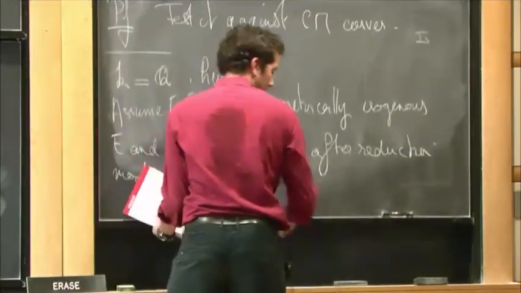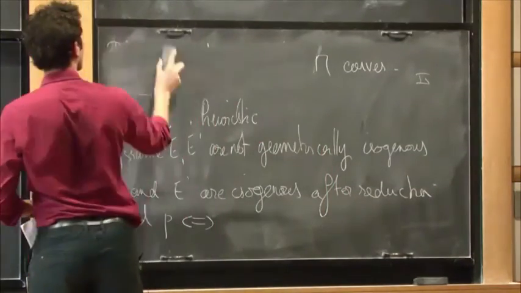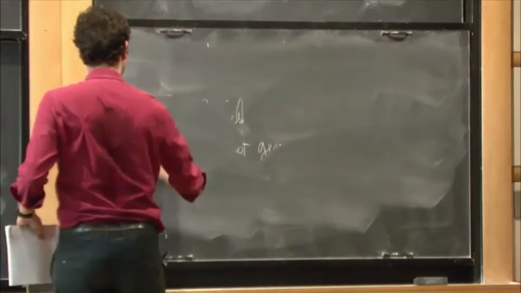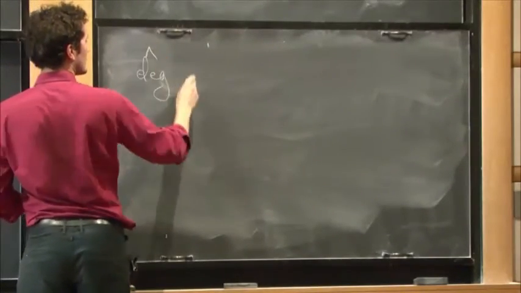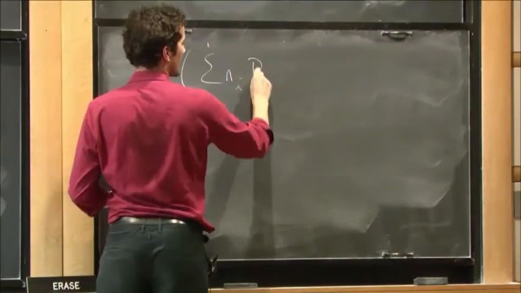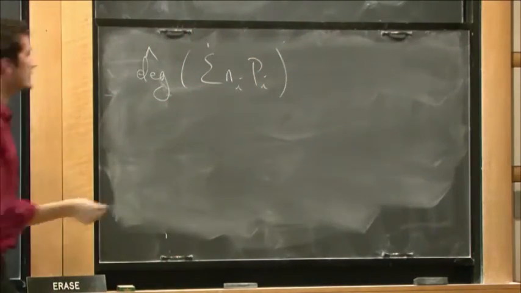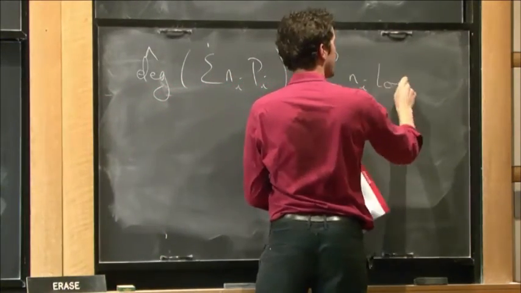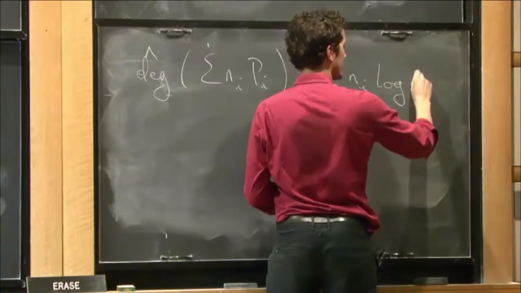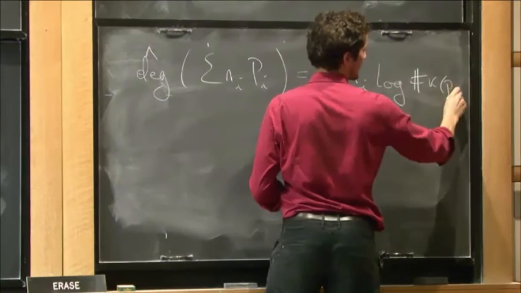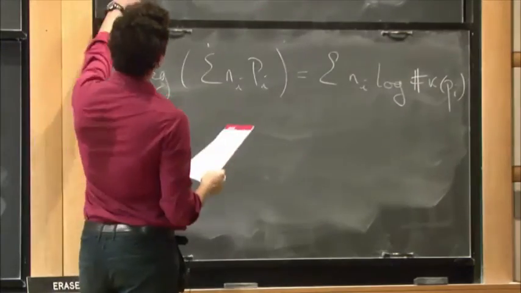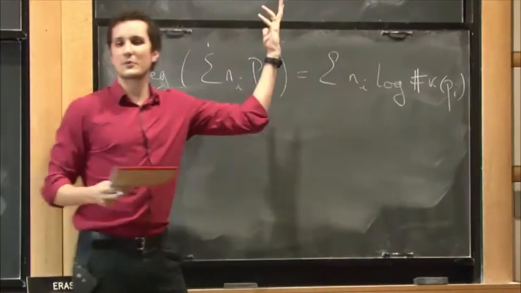Okay, so let me explain what the terms are. Let me write down the term. Okay, so first, this degree, so the degree of something like the sum of ni pi, if I take a zero cycle on X(1), this is just the sum of ni log of the cardinal of the residue field of pi. And what is this thing? Well, this is the exact same number in the Archimedean setting.